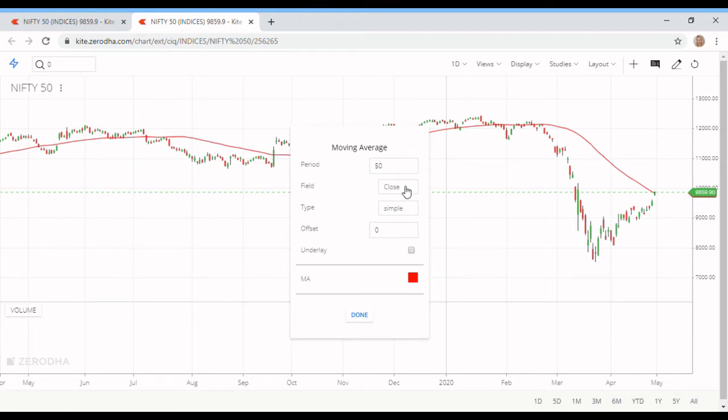Based on that calculation, it will show the simple moving average. So this is the SMA of the last 50 periods. It takes all the closing prices of the last 50 candles, divides the value by 50, and gives us the number.